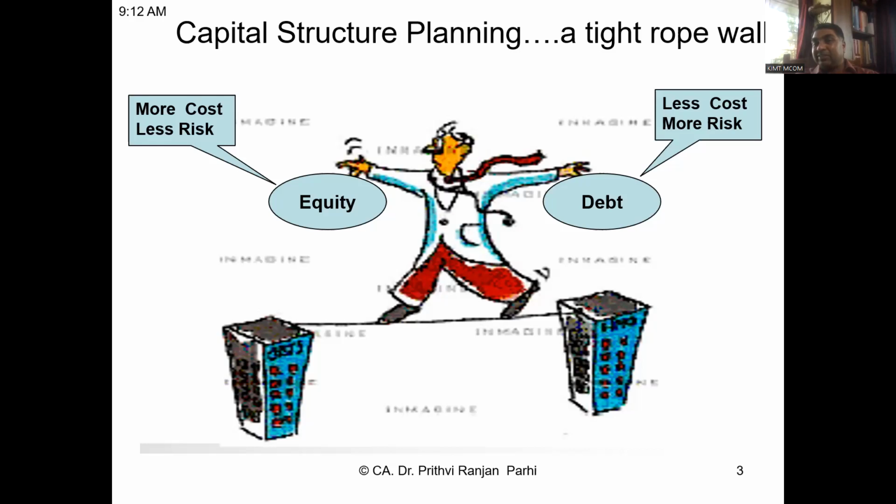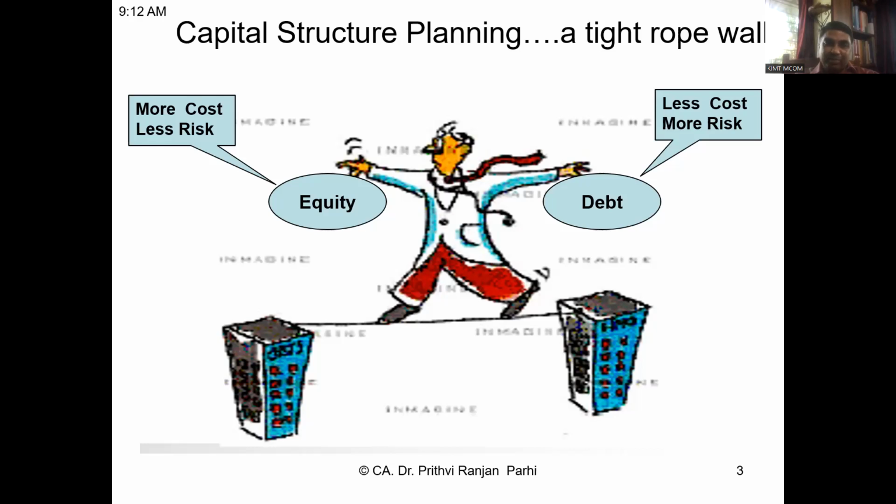Here we are talking about the risk of the business, not investors' risk. From the investors' point of view, debt is less risky, equity is more risky. Therefore, cost of equity is more, cost of debt is less. From the business point of view, debt is more risky and equity is less risky.